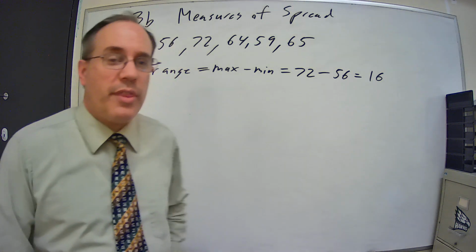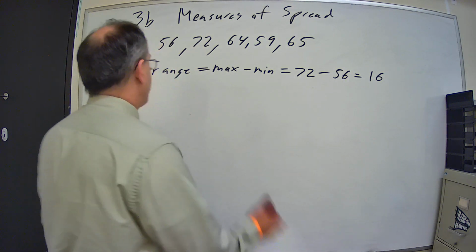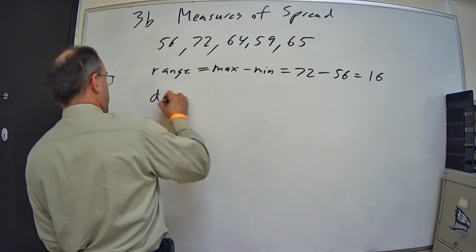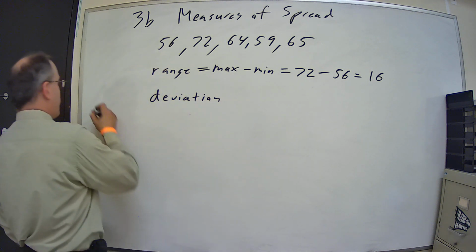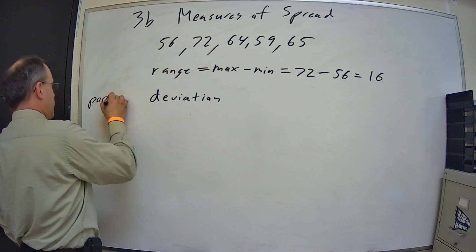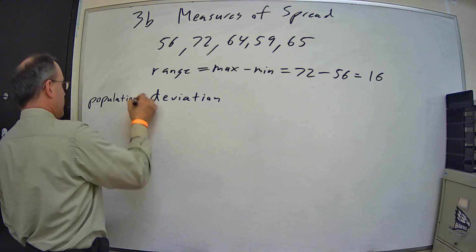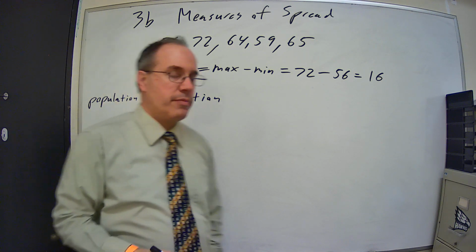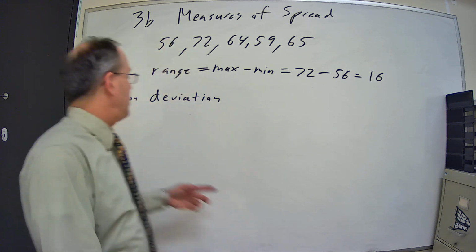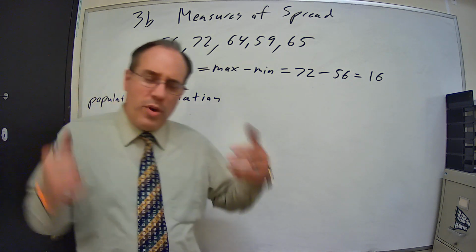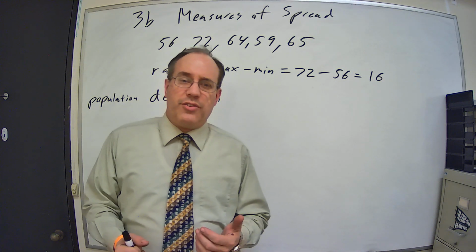Our second one that we look at is the deviation. And I'm going to start with population deviation. So our population deviation, well, what's our easiest comparison we can do?